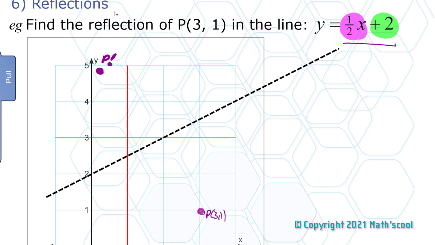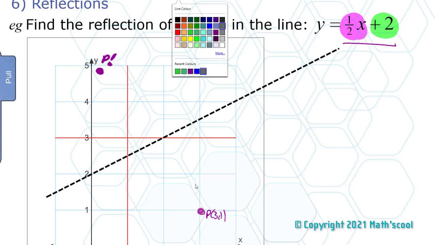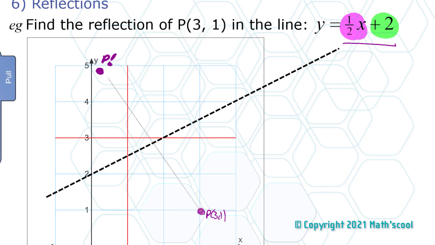Oh, whoops, I wanted to draw a line. So it's going to be along a perpendicular, along a normal. So that's supposed to be 90 degrees. Not sure how good my 90 degrees is, but it's supposed to be at 90 degrees here. Okay, and then it says find P dashed. I don't know why it looks like P exclamation mark. It's supposed to be P dashed.